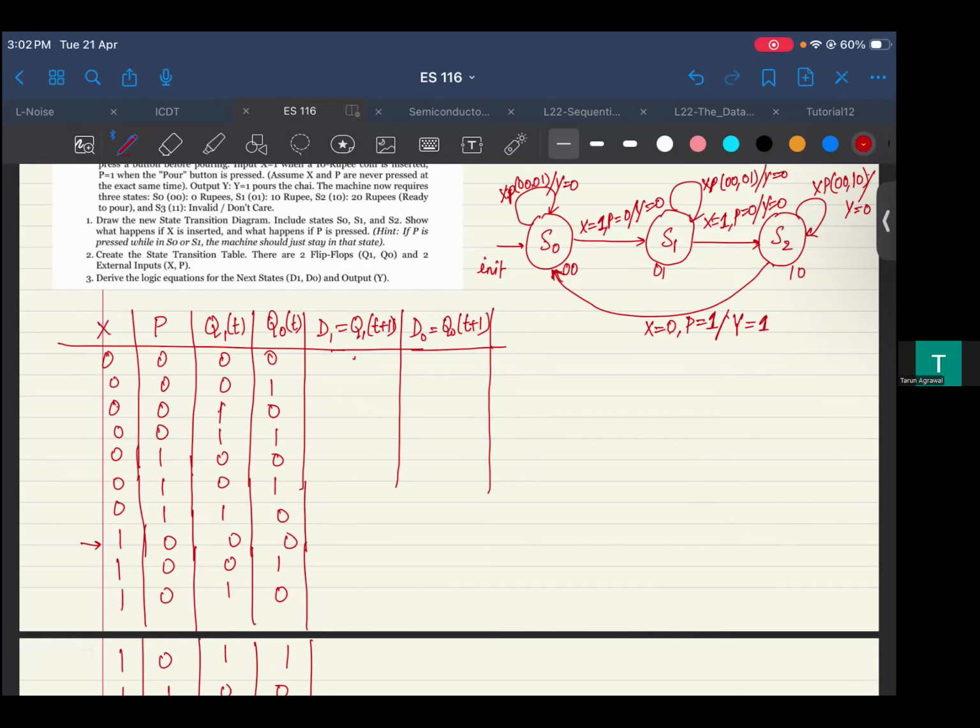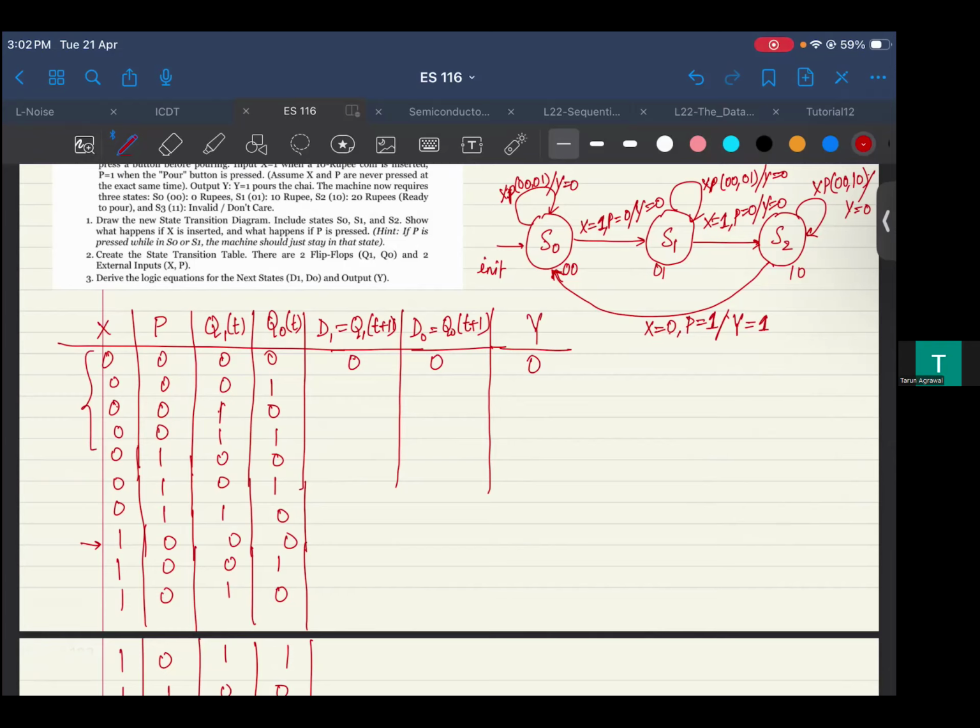That is easier. Let's see first the four entries. When x and p are both 0 0, what is the state you should be in if you are in one of the states? So you see, if you are in 0 0 state and they are both 0, you remain in 0 0 state, right? And y, if you want to draw, you can draw also y is 0.